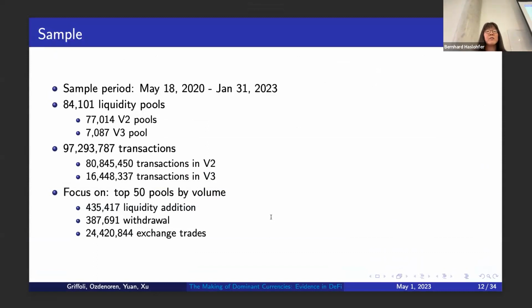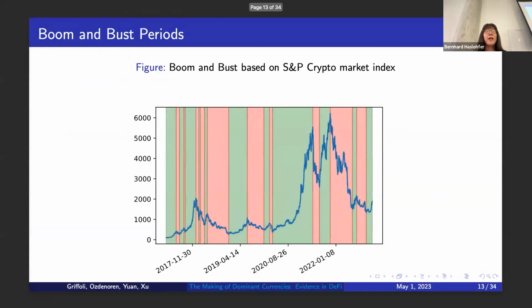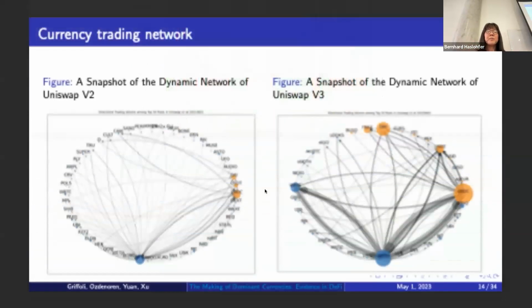We collect the data from May 18, 2020 to January 2023, and use the crypto index data to construct the boom-bust cycle of the market. Here the bust is highlighted by pink. Given this, we're going to overlay this boom-bust period on the graphs we show later.